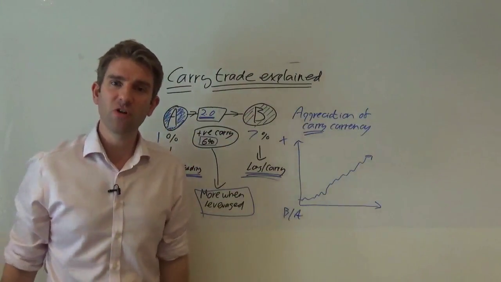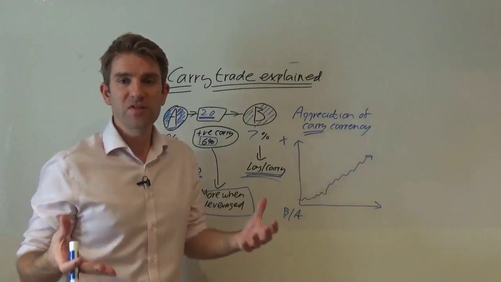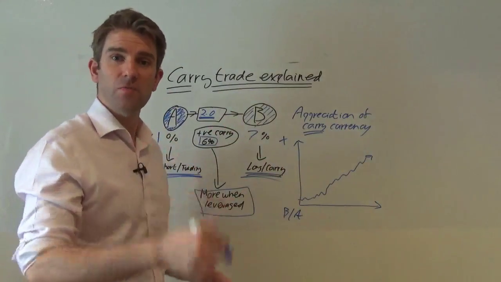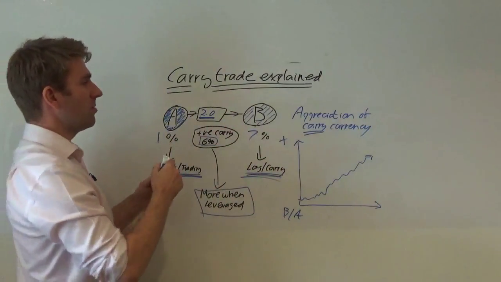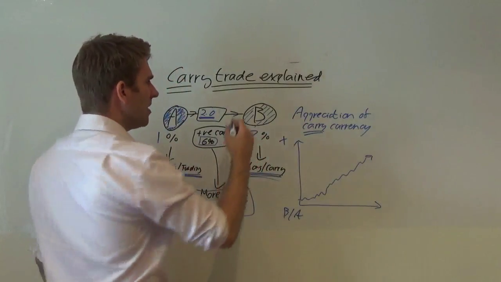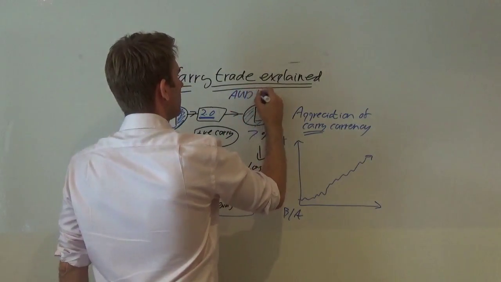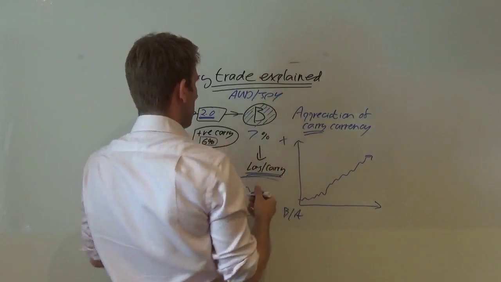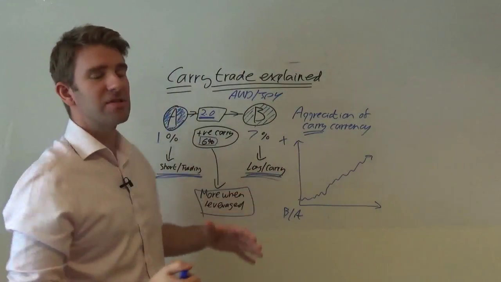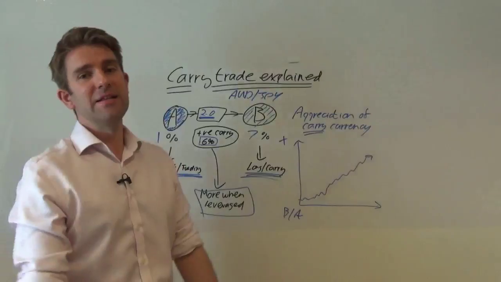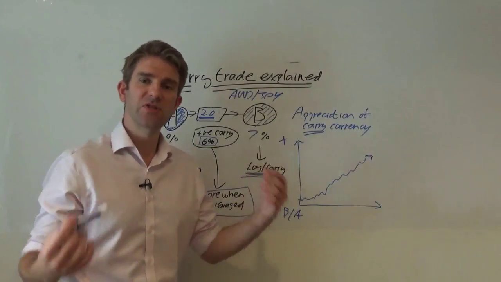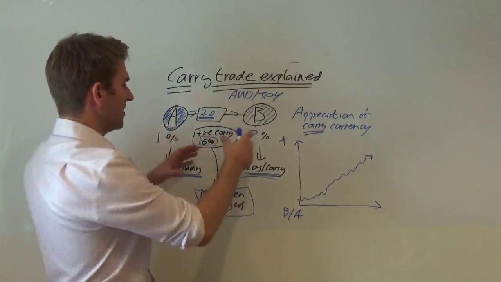How can we do it as a retail trader? Very, very difficult from a retail trader's perspective. Obviously we would just be buying AUD JPY, for example, if we wanted to do that carry trade. But the reason we can't do that, generally speaking, as a retail trader, is the spread isn't as good in terms of the interest rate spread.